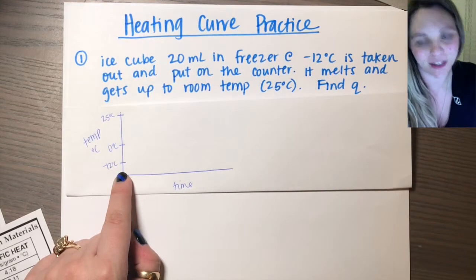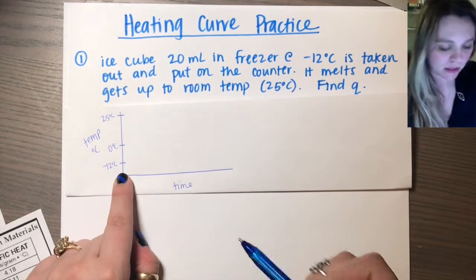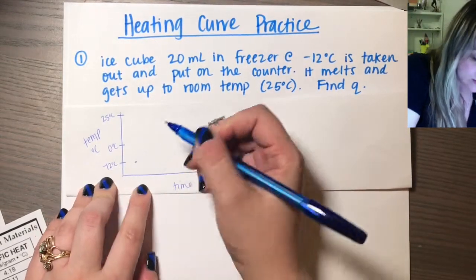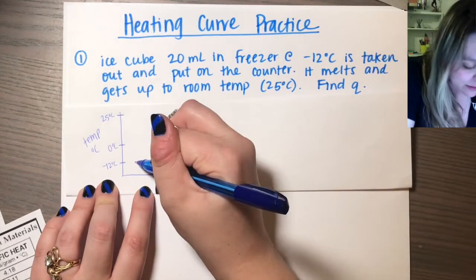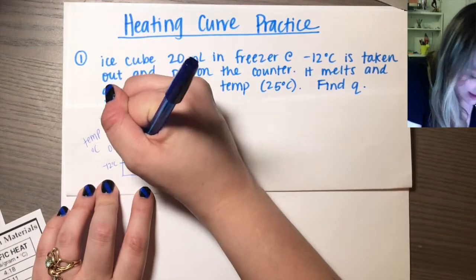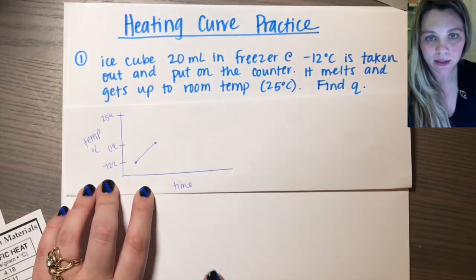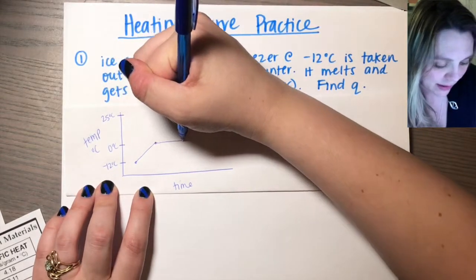It's very exciting, right? So this is a multi-step problem. I'm going to go from negative 12, like my ice cube is going from negative 12 up to 0 degrees Celsius. And then I've hit my melting point. And my ice is going to melt. So it plateaus, right? It flatlines.